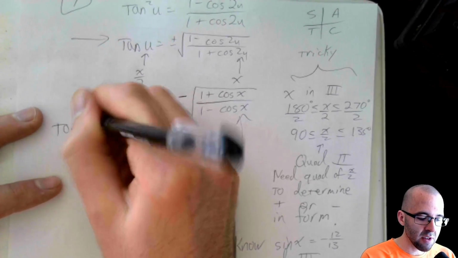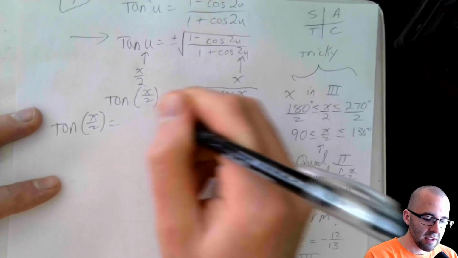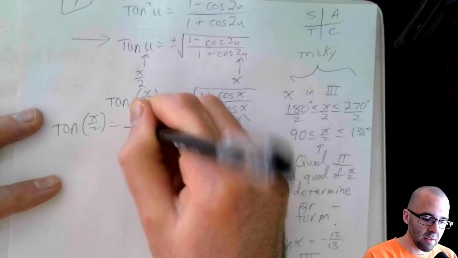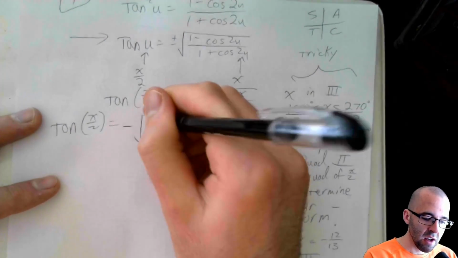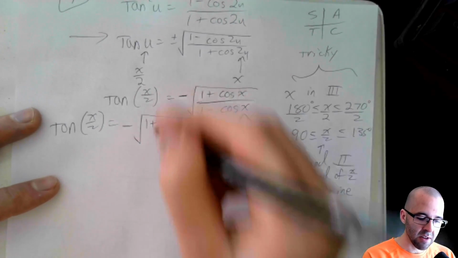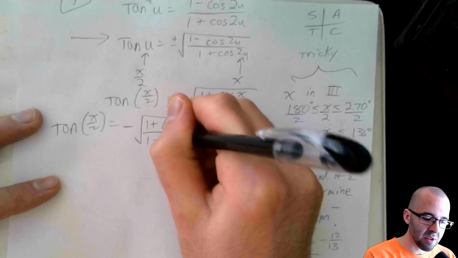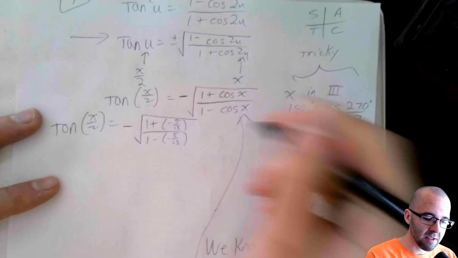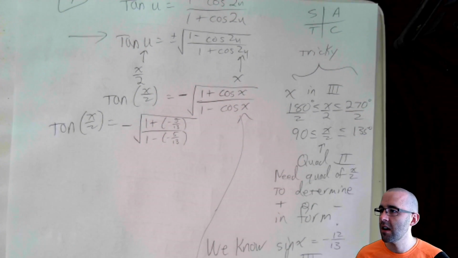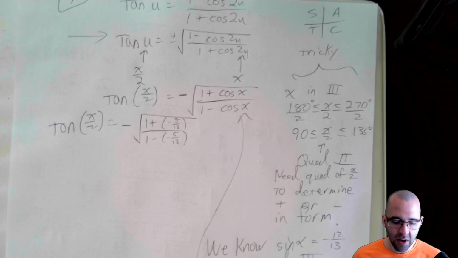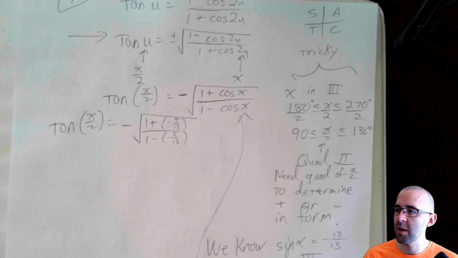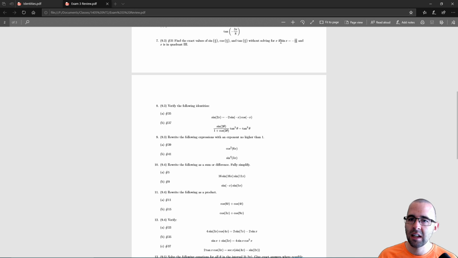We get the tangent of x over 2 is equal to the negative square root of 1 plus cosine of x, where cosine of x we said was negative 5/13, divided by 1 minus cosine of x, which again was negative 5/13. Yeah, we got negative 12/13 from the original problem right here. Sine of x is negative 12/13.